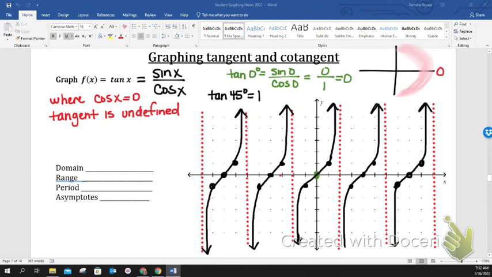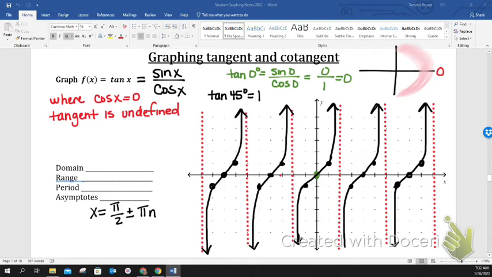So now that we have that, let's go ahead and fill in our key components for tangent. So we have asymptotes. Our first one occurs at 90, which is pi over 2. So at x equals pi over 2 plus or minus pi n.